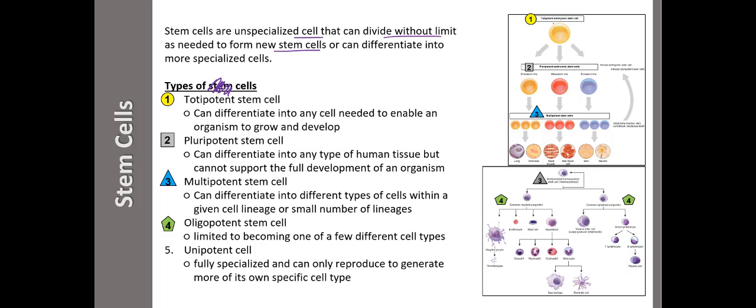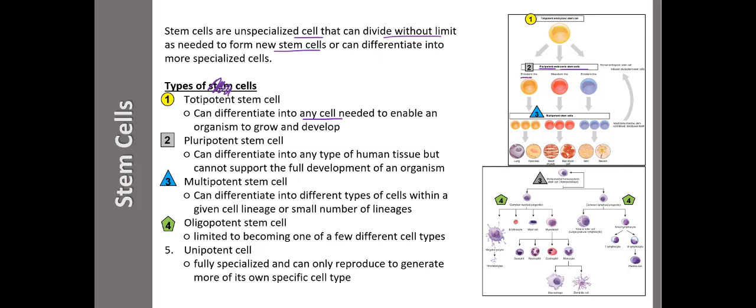And the totipotent embryonic stem cells can differentiate or divide into any cell that's needed for an organism to grow and divide. So the totipotent embryonic stem cells can divide and differentiate into different types of pluripotent stem cells.